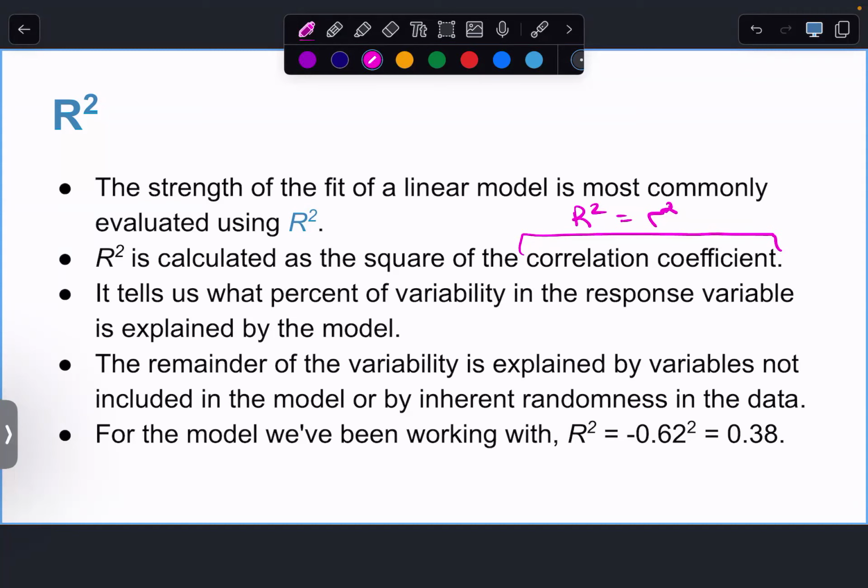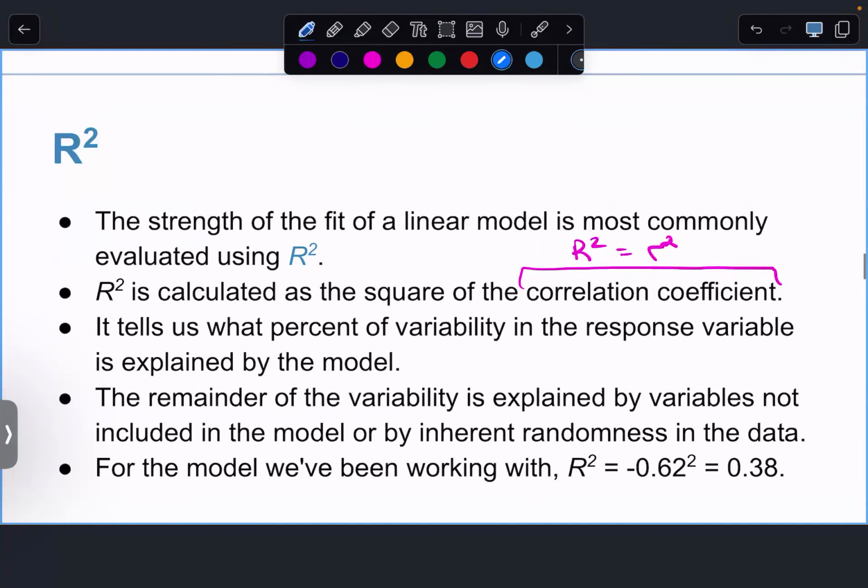But so the R squared is the correlation squared. Now, if we think about the correlation, back to the correlation for a sec, the correlation is between -1 and 1. What happens when I square these values, right? R squared is going to be a positive version between 0 and 1.